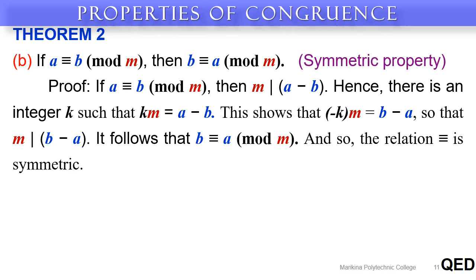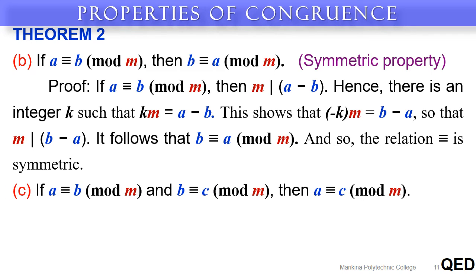This shows that negative k times m equals b minus a, so that m divides b minus a. It follows that b is congruent to a modulo m, and so the relation is symmetric. So for symmetry, if a leaves the same remainder as b, then b leaves the same remainder as a.